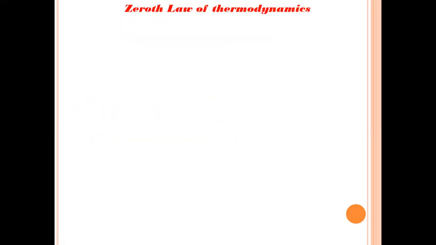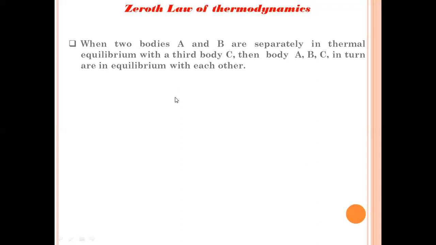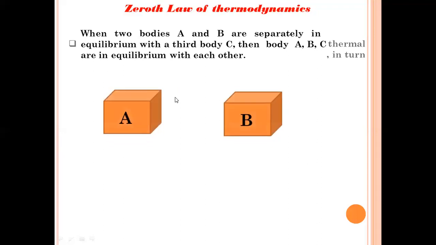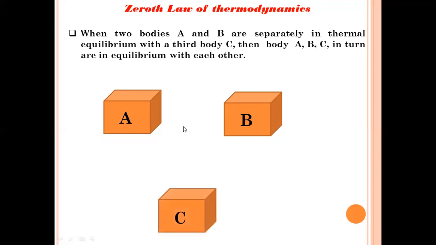Zeroth law of thermodynamics. It deals with thermal equilibrium and gives the concept of temperature equality. The zeroth law states that when two bodies A and B are separately in thermal equilibrium with a third body C, then bodies A, B and C are in turn in equilibrium with each other.